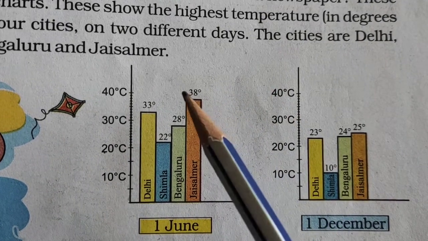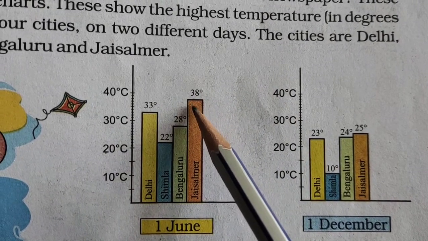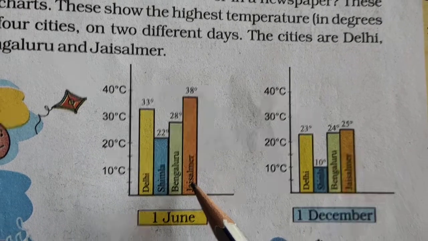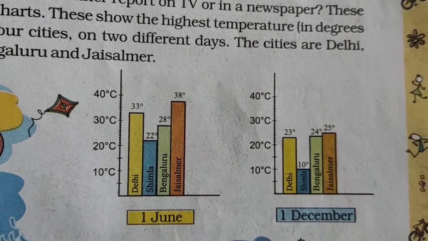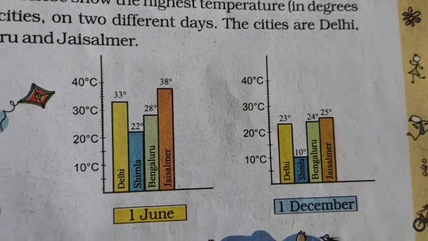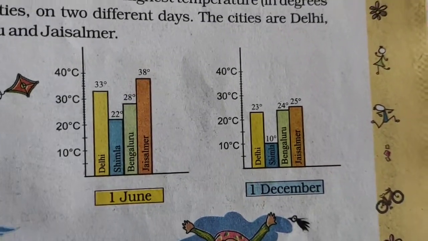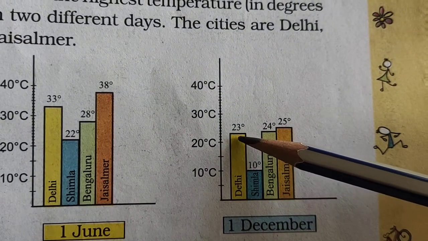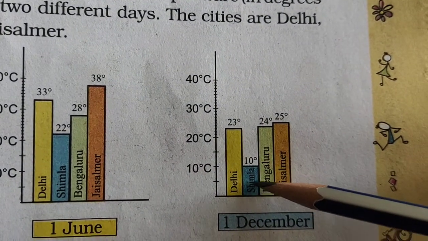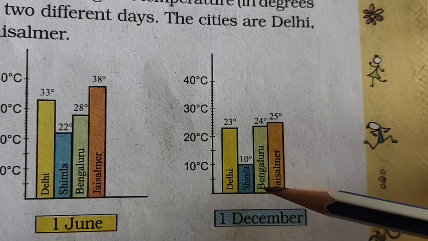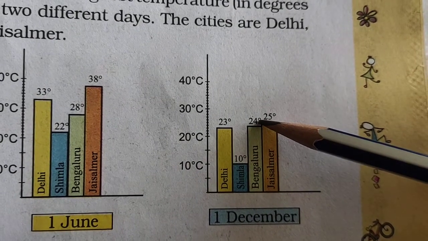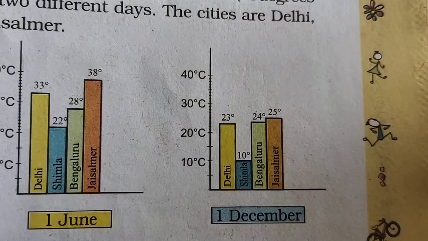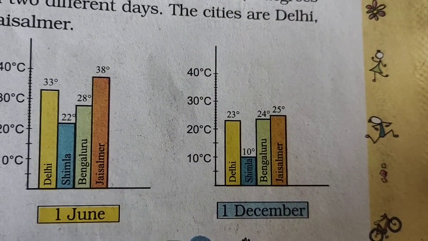We know that the lower the temperature, the colder the place will be. The higher the temperature, the hotter the place will be. 1st December, Delhi 23, Shimla 10 degrees Celsius, Bangalore 24 degrees Celsius and Jaisalmer 25 degrees Celsius.